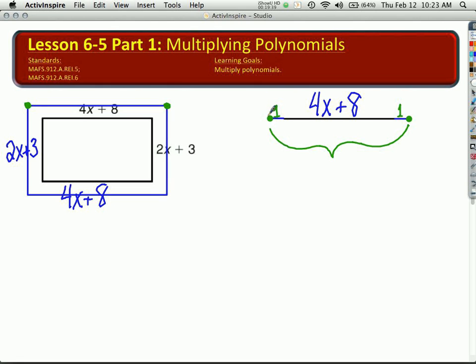Now someone tell me, how far is it all the way across? Got 5 people who know? What do you think, Vontravius? 6? Where are you getting 6 from?